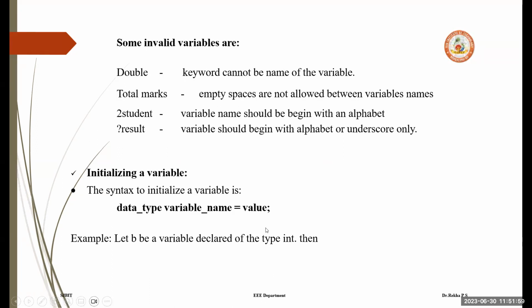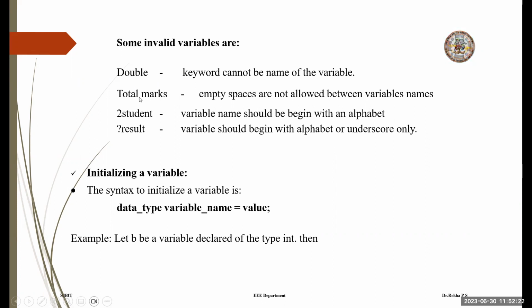Now the invalid variable names. There are certain rules for declaring a variable. Double you cannot use, because it is a reserved keyword. Keywords cannot be used as variable names. Total marks is not a keyword, but you have given a space, and empty space is not allowed in variable names.